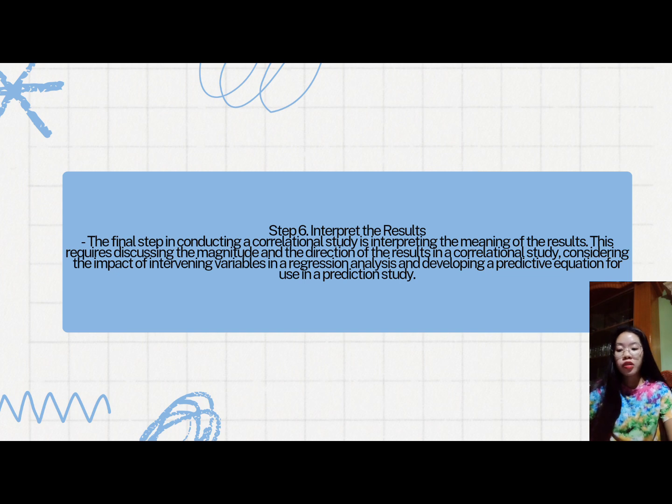So the last part, which is to interpret the results, is after conducting a research and we get the results of our research, we must interpret the results so that we can get the meaning of the results that we have.